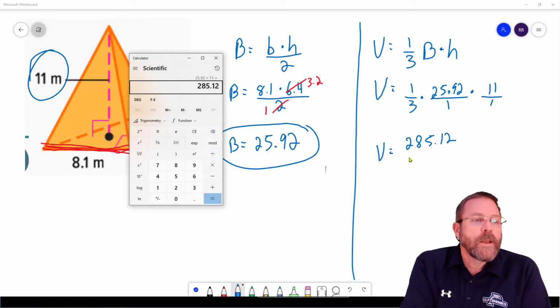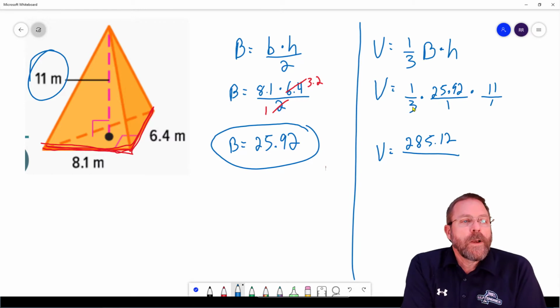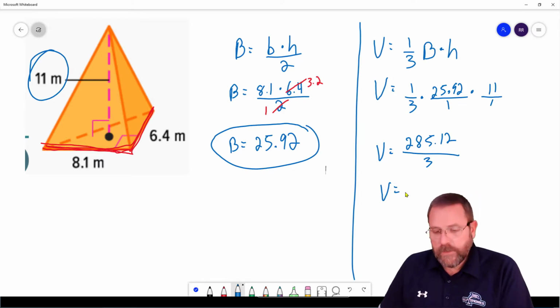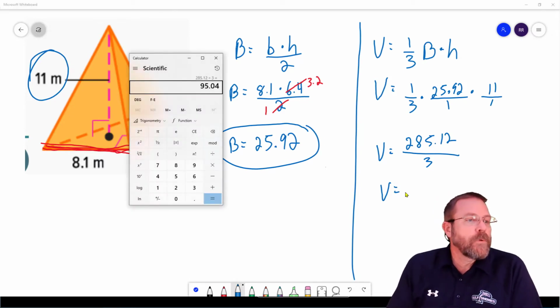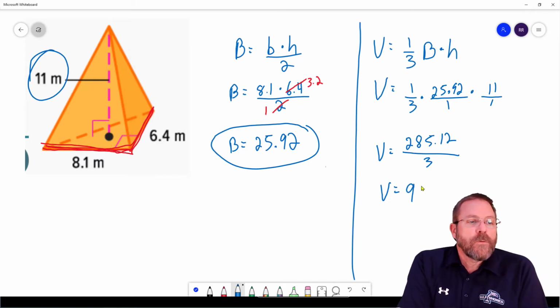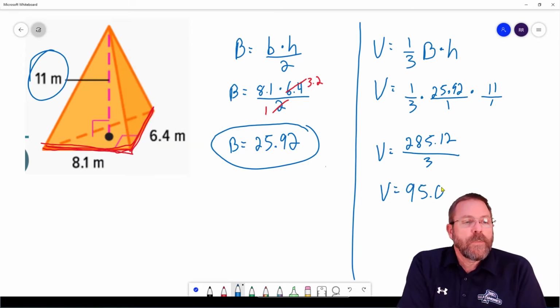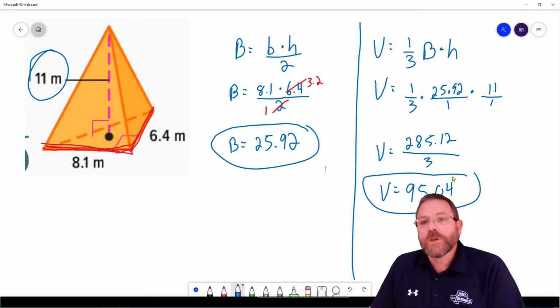Yep, in my numerator. And my denominator, 3 times 1 is 3, times 1 is 3 again. Now all that's left to do is take that 285.12 and divide that number by 3, and we get a final answer that the volume of that pyramid is going to be 95.04 meters cubed.